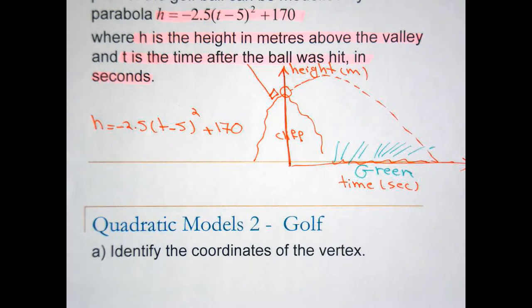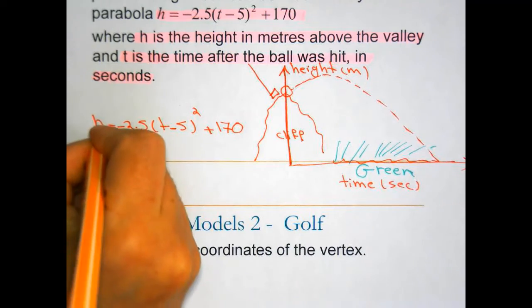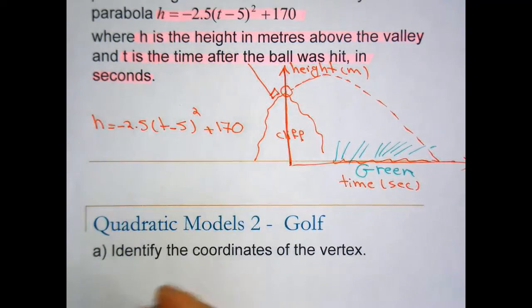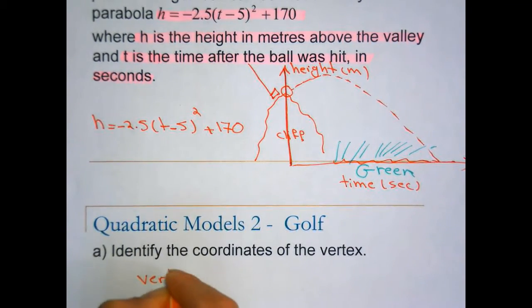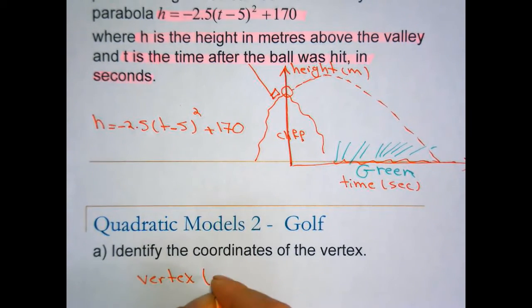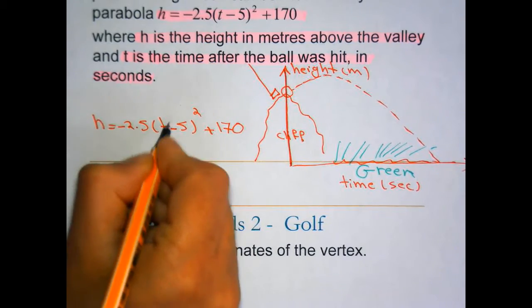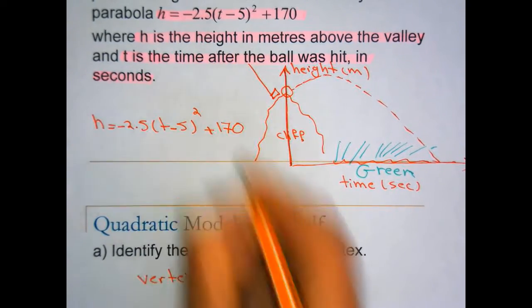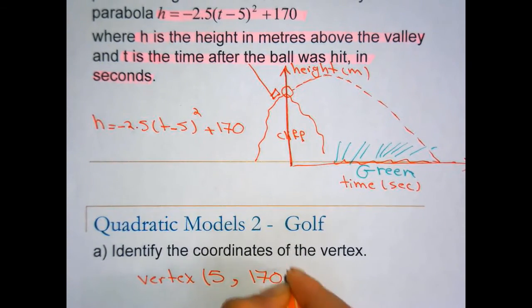So the first question here is, identify the coordinates of the vertex. So again, for the vertex, we have to use the number with the opposite sign of the 5, and 170. So 5 and 170.